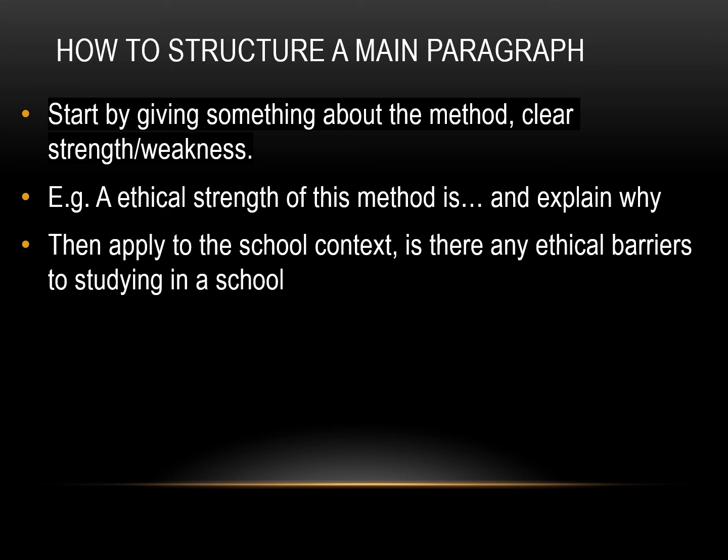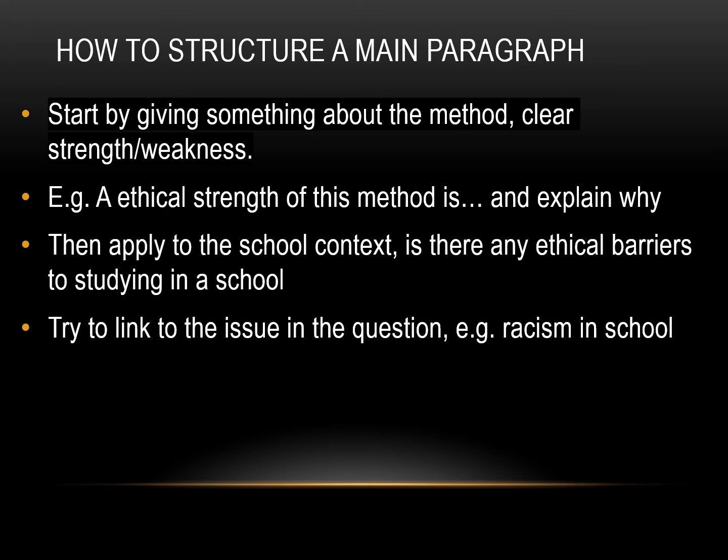Then make sure that you mention something about a school context. In the examples that I give, they clearly said in the school context, this is what the barrier might be, and linking it to the issue or the context in the question. So we've looked at racism in school, or pupil exclusions, or subject choice.